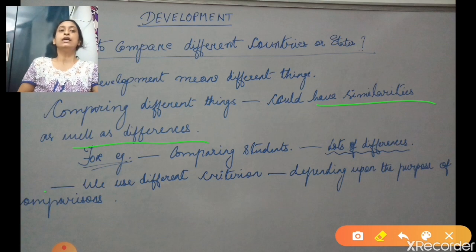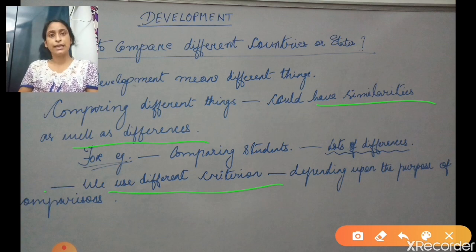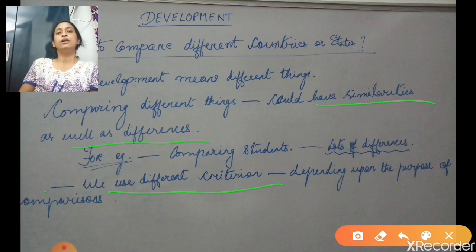If we have to compare them, we use different criteria. Say, for example, the school has to select a team that would go and represent the school in a quiz competition.